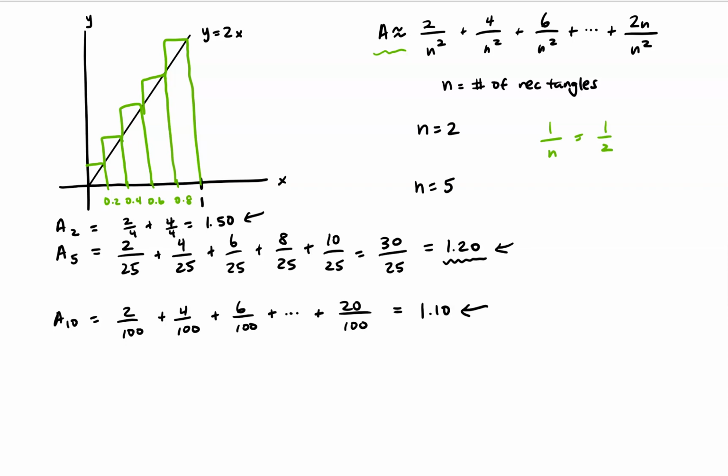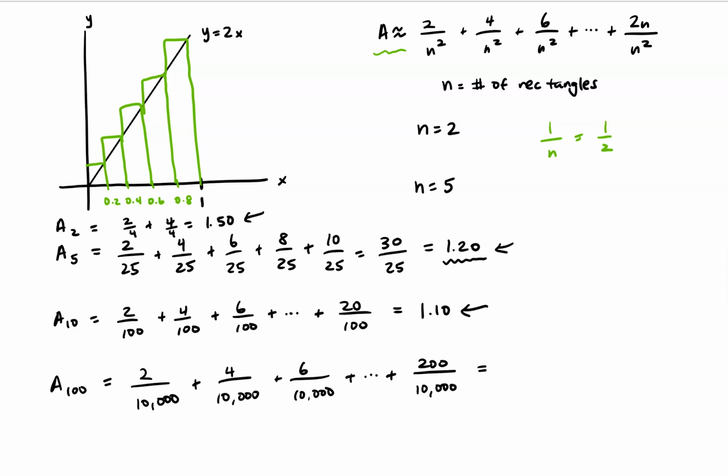And if you add up all of those terms, that is 1.10, which again is even closer than our first two approximations. If we used 2 rectangles, we got 1.5. If we used 5 rectangles, we got 1.2. And then if we used 10 rectangles, we got 1.1. What if we used 100 rectangles? So that's going to be 2 over 10,000 plus 4 over 10,000 plus 6 over 10,000 plus dot dot dot, and then our last term would be 200 over 10,000.